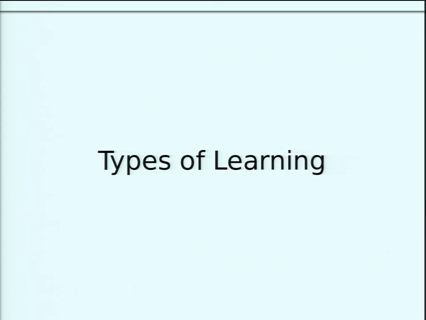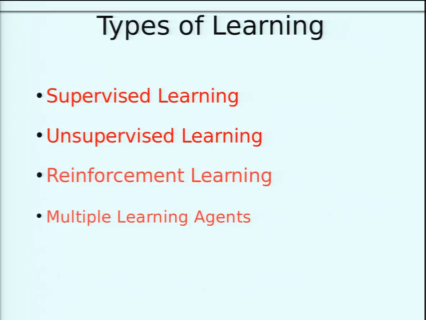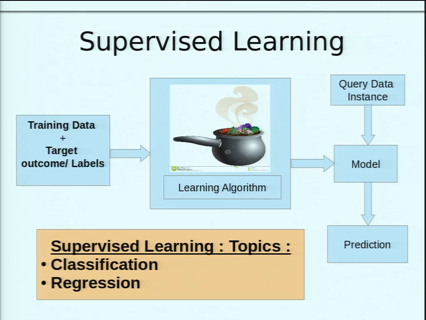Okay, so I think now everyone has a fairly good understanding of learning. So there are different types of learning, and we'll briefly go over that here. We have supervised learning, unsupervised learning, reinforcement learning, and we have learning in the context of multiple agents. So what is supervised learning?